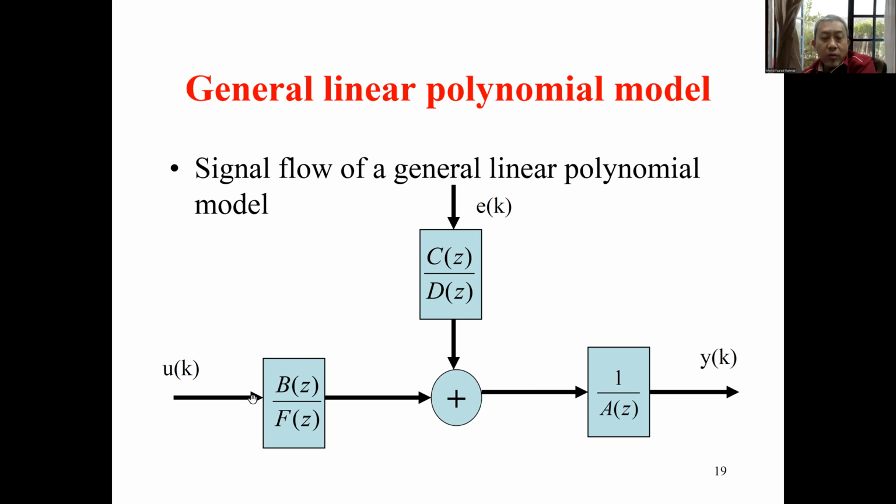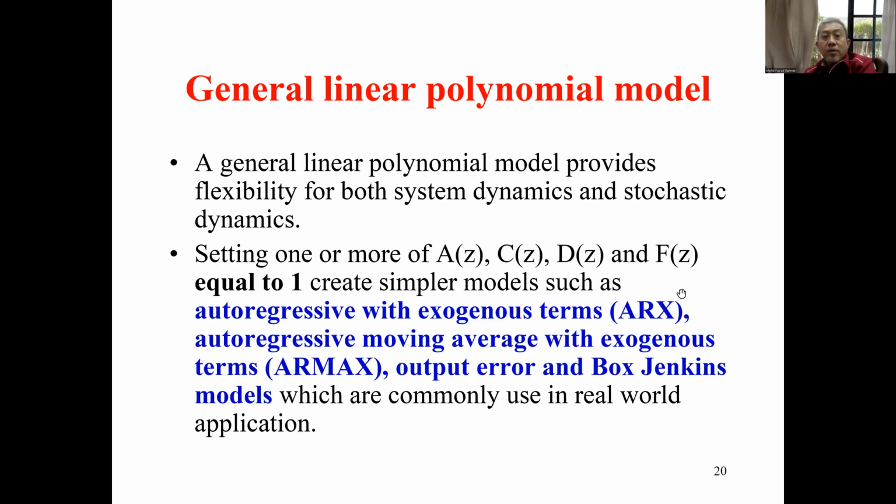So for the input path, UK, B over F. For the stochastic part, C divided by D. And for the output path, 1 over A. So a general linear polynomial model provides flexibility, meaning that we can assume several polynomials as 1, for both system dynamic and stochastic.